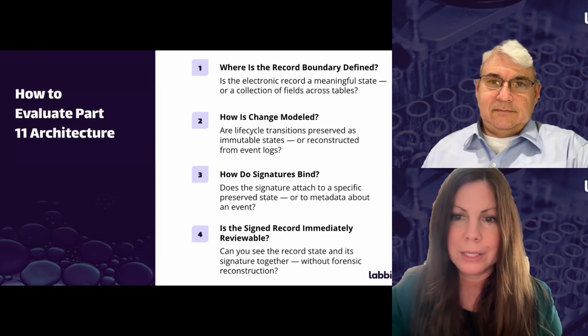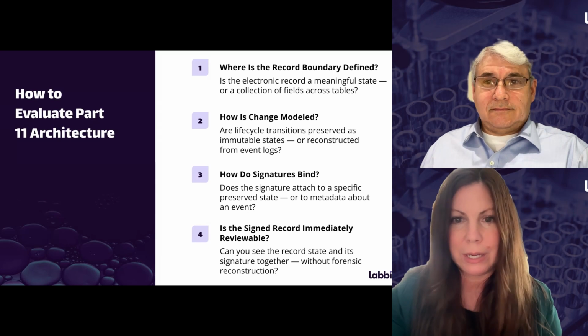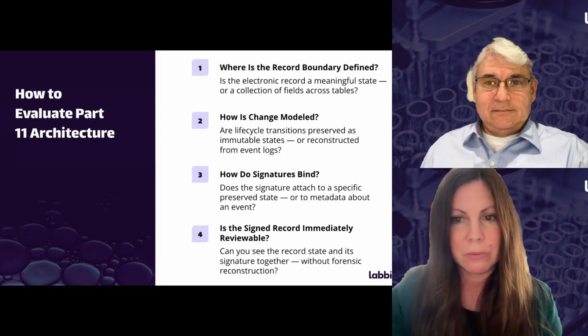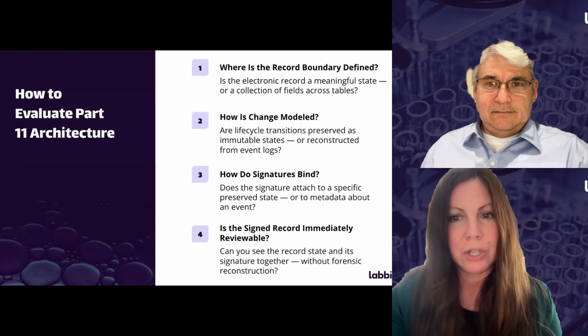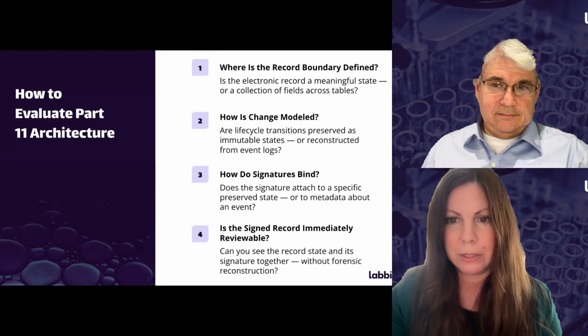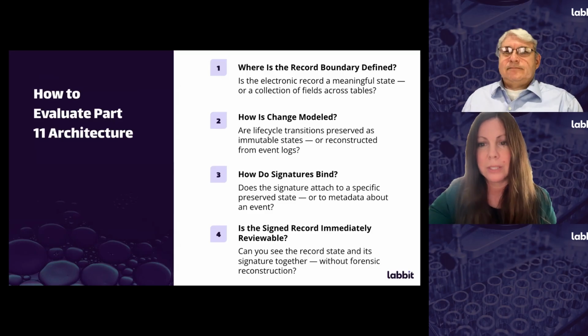And lastly, is the signed record immediately accessible? Can someone verify it instantly, or does it need to be reconstructed? Collectively, these questions go beyond just feature evaluation. They fundamentally branch into some of your architectural considerations.